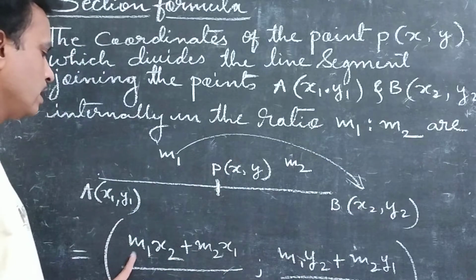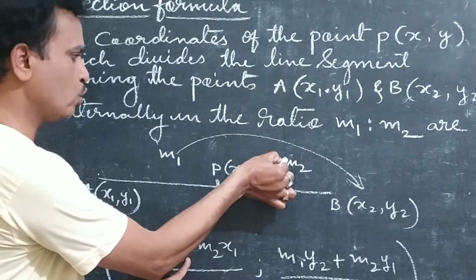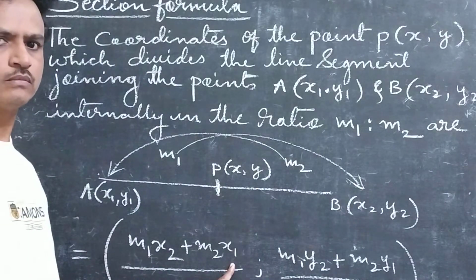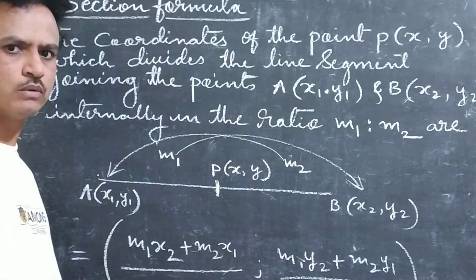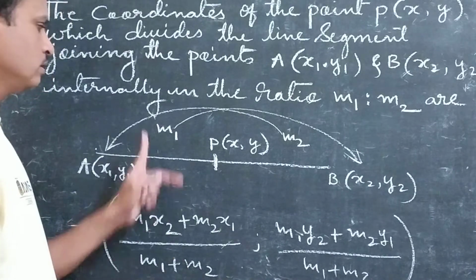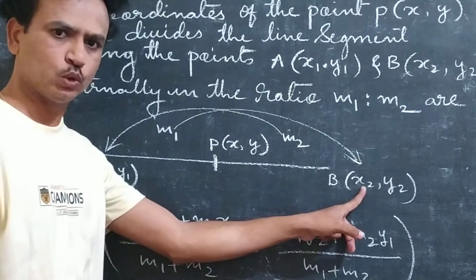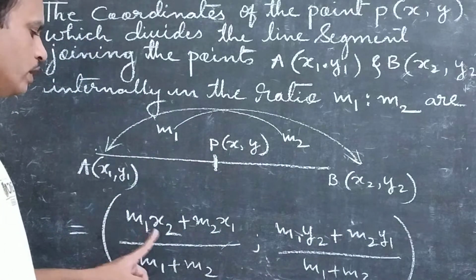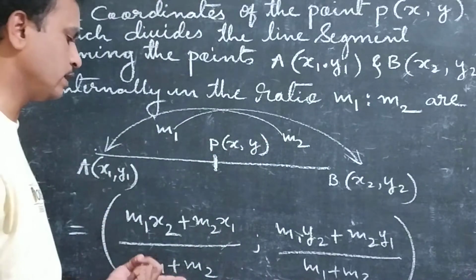So you should write here m1 into x2, then plus m2 into the first one, that is x1, whole divided by m1 plus m2. To find the x coordinate: m1 into x2 plus m2 into x1, whole divided by m1 plus m2.